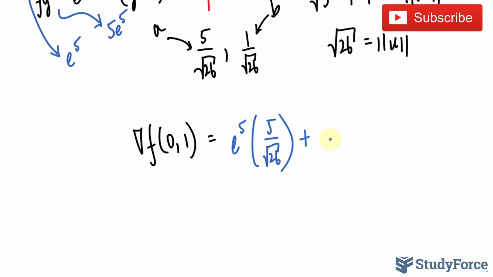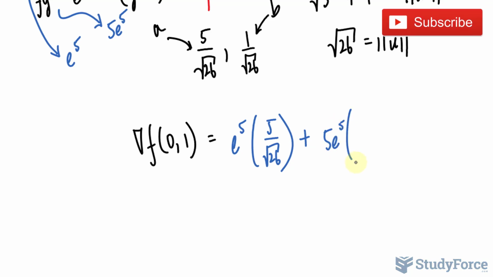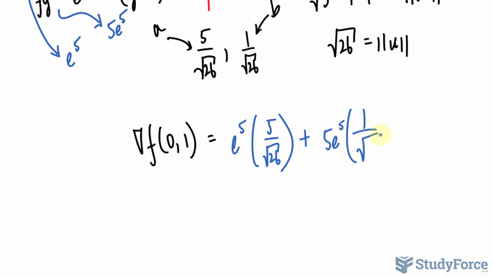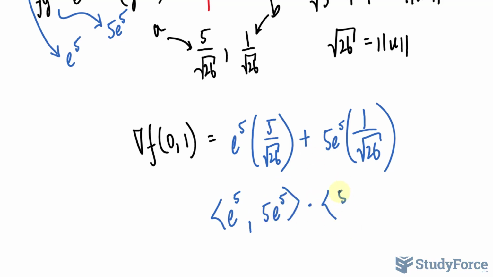So now we add 5e to the power of 5 times 1 over the square root of 26. Essentially what we're doing is taking the dot product of e to the power of 5 and 5e to the power of 5 with 5 over the square root of 26, 1 over the square root of 26. That's another way of looking at it.